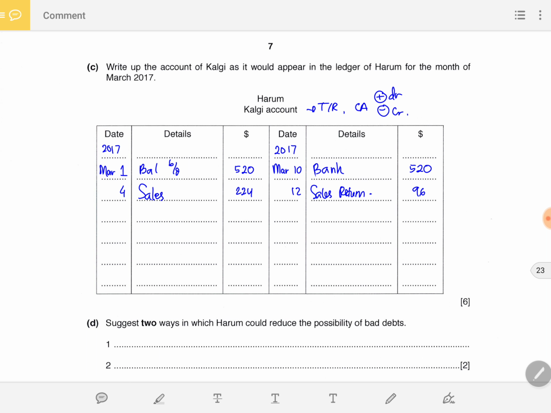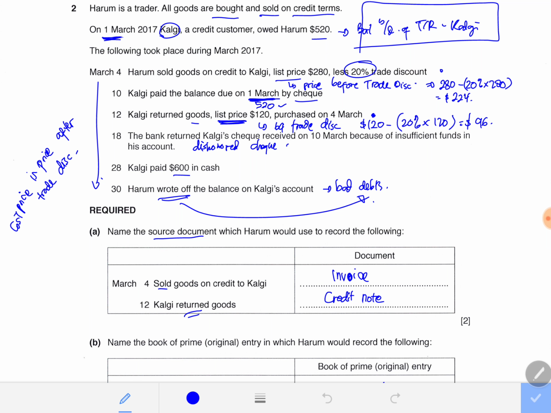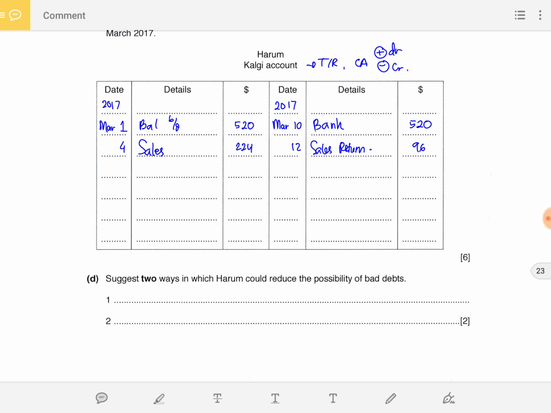After March 12, March 18. The bank returned Kalgi's check received on 10 March because of insufficient funds in his account. Insufficient funds means you have to cancel what you recorded earlier. Looking at the March 10 transaction, you have bank 520.